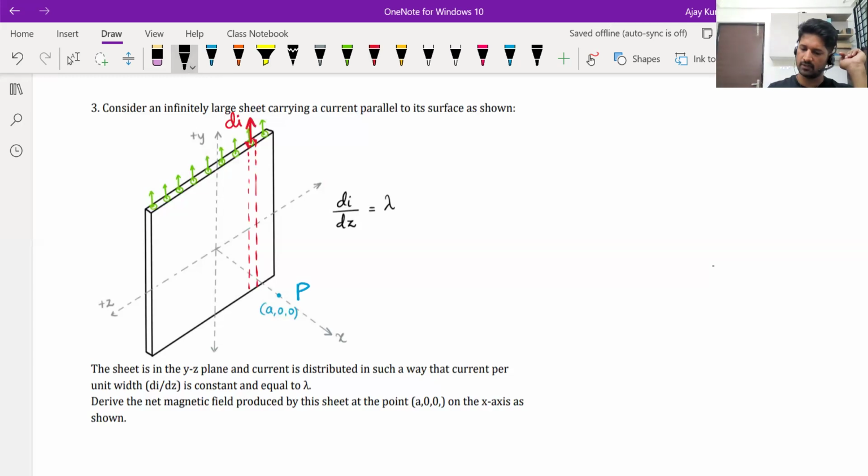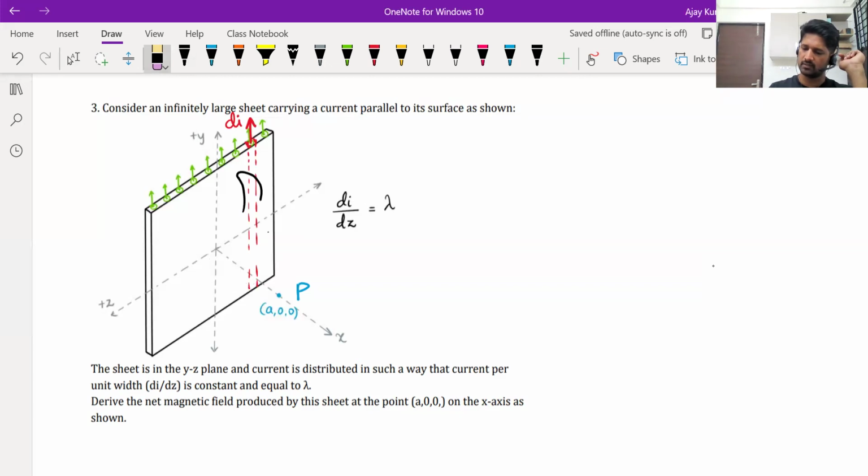I'll just draw it roughly. Thumb in the direction of the current and fingers this way towards P. Then the palm, you will see, will be facing somewhat like this.